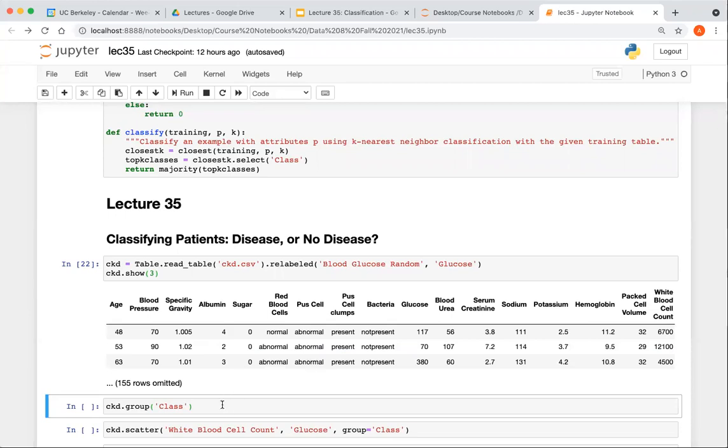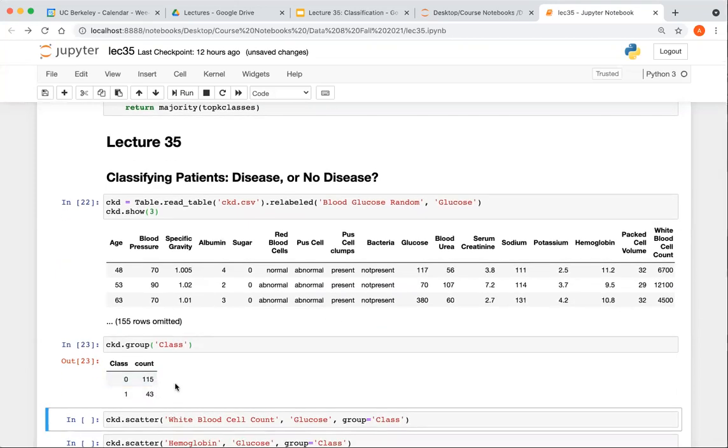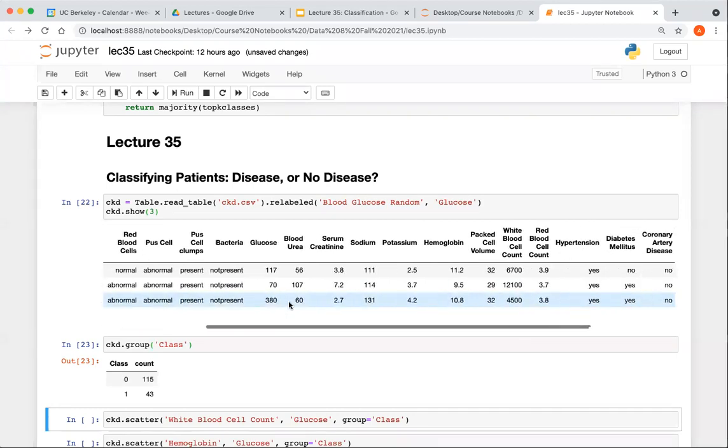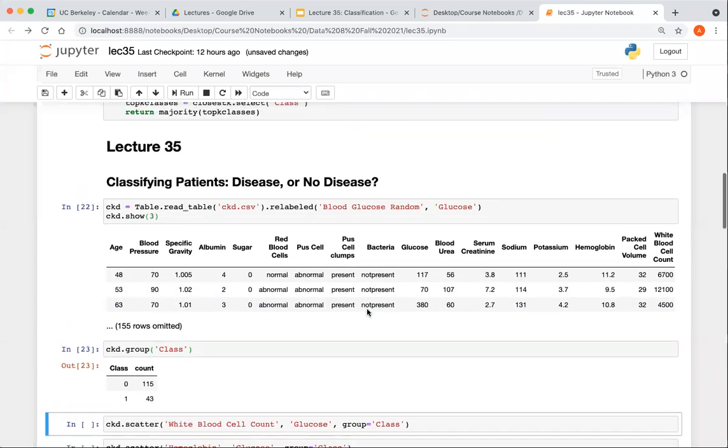So just to get a sense of the previous data set, if we just group by class, then in the data set, 115 people did not have chronic kidney disease and 43 people did. Okay, now there's a whole lot of variables here. We're just going to do some exploration. We are just going to try to look at the relation between the white blood cell count and the glucose in the blood tests.